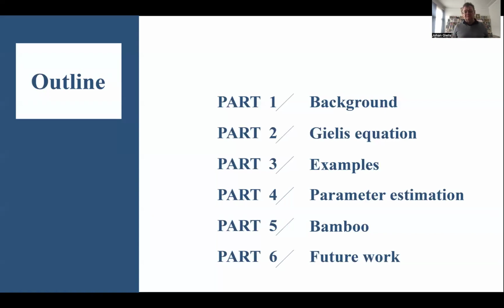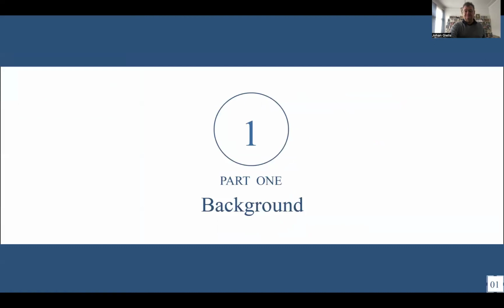My talk, or our talk I would say, prepared together with Pejian, consists of 6 pieces. Background: we'll tell a little bit about the background of Gielis equation, show some examples of natural shapes that we describe, how we measure and scan data, measure and quantify data and process the data, then examples in bamboo and future works.